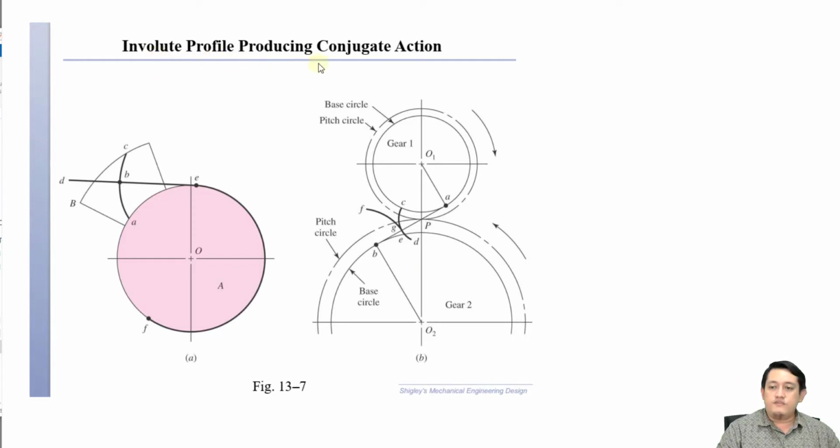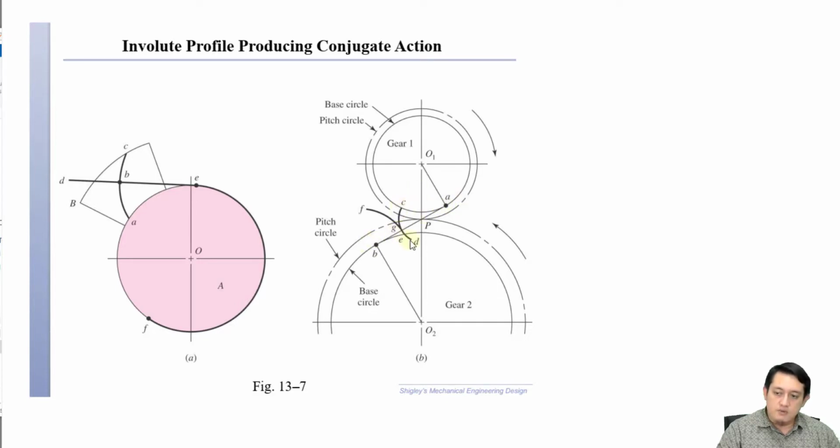How can an involute profile produce conjugate action? This is the base circle here. If we make a tangent to this base circle, we can have a tangent point from A to B here.